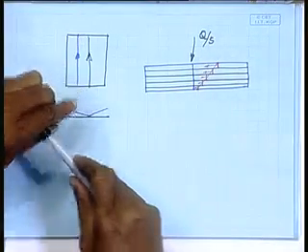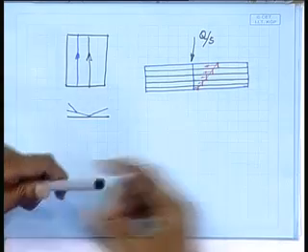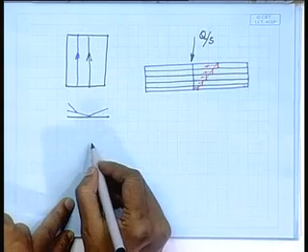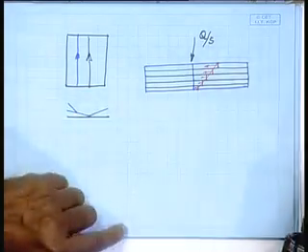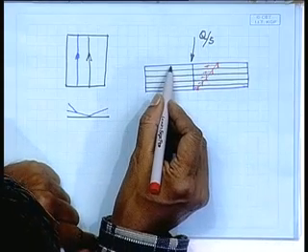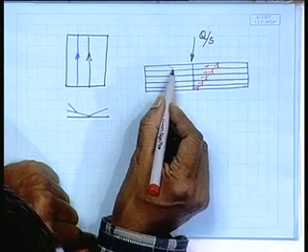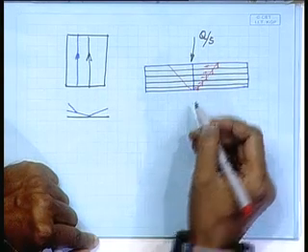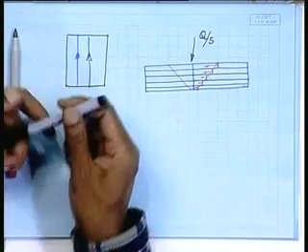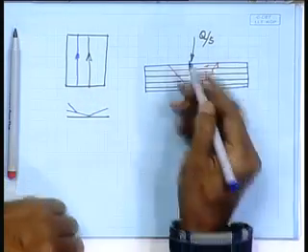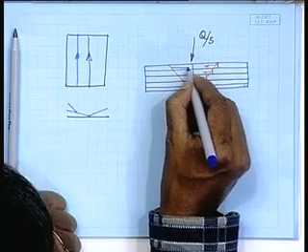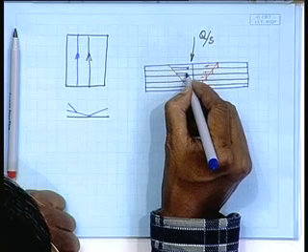Now, when the heated zone is varying, then the compressive stresses also will be maximum at the top and gradually decreasing.